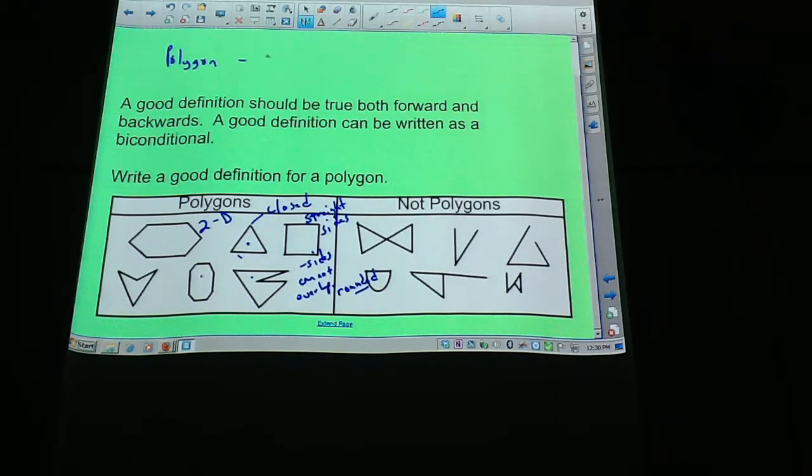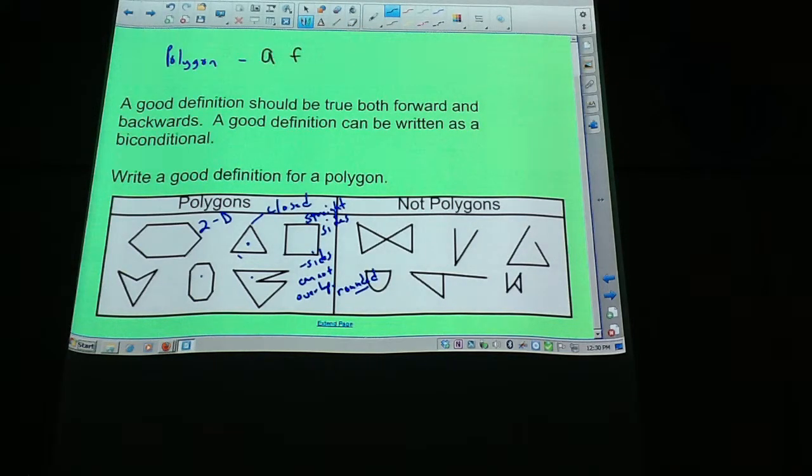It would be something along the lines of, if a figure... actually, let's try to go straight to the biconditional. I was going to write a conditional and then its converse, but I'm going to go straight to the biconditional.